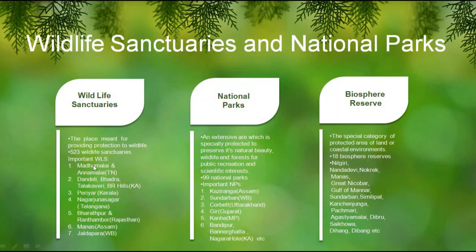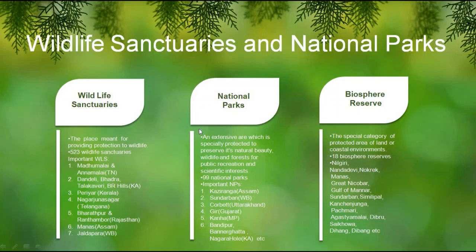Among them, important ones are Mudumalai and Annamalai in Tamil Nadu; Dandeli, Bhadra, Talakaveri, Biligiri Rangana Hills in Karnataka; Periyar in Kerala; Nagarjuna Sagar in Telangana; Bharatpur and Ranthambore in Rajasthan; Manas in Assam; Jaldapara in West Bengal. These are the wildlife sanctuaries.